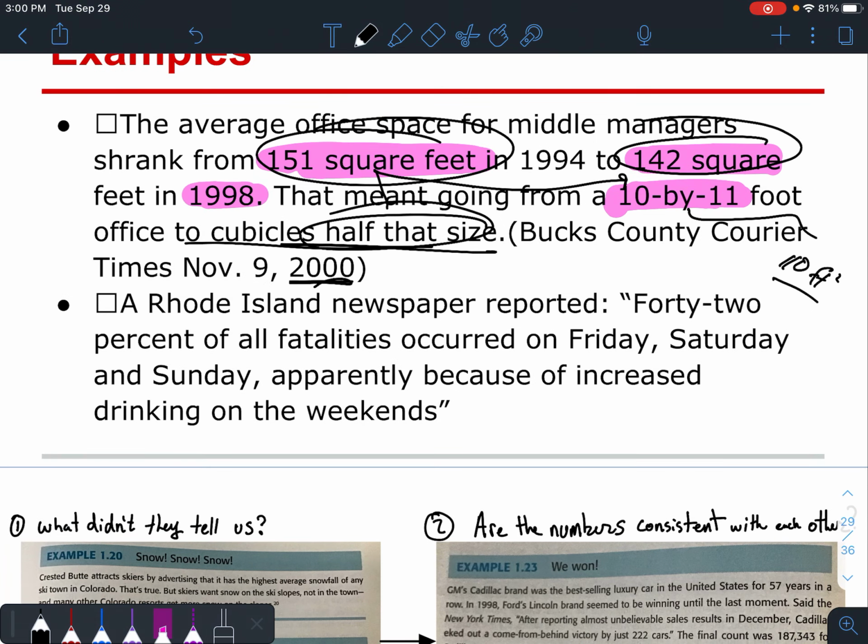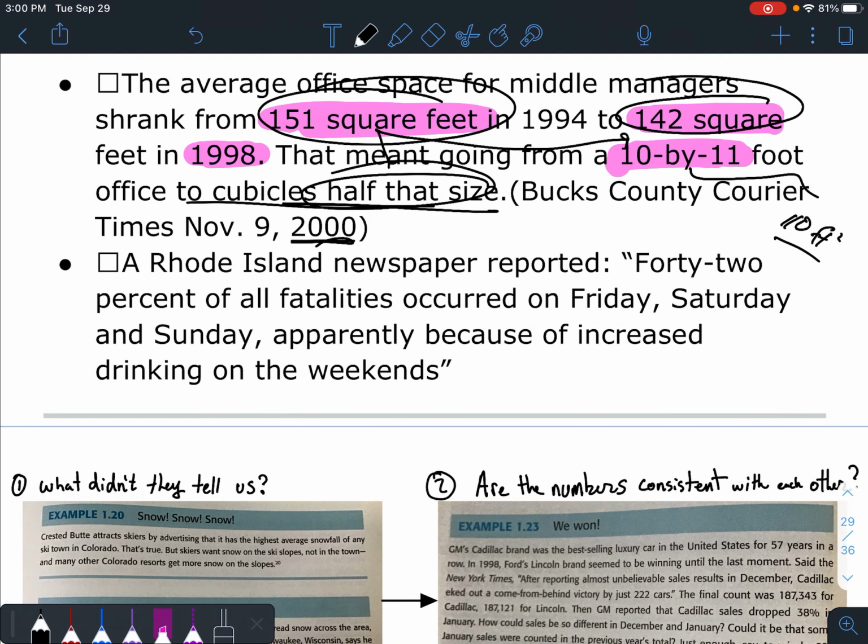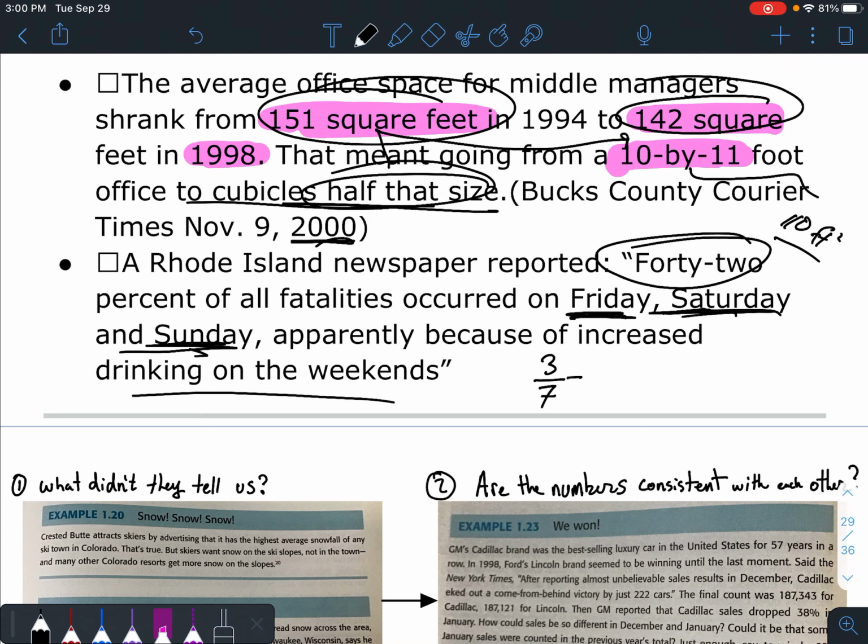A little bit outdated, but a Rhode Island newspaper reported 42% of all fatalities occurred on Friday, Saturday, and Sunday, apparently because of increased drinking on the weekends. Which seems like, okay, 42% and increased drinking on the weekends, that could be. But let's just look at the numbers. Friday, Saturday, and Sunday are 3 days out of a 7-day week.